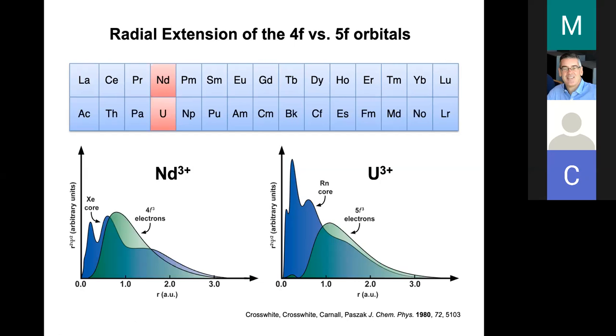Taking into account relativistic effects, you'll see the same thing. Remember, relativistic effects will actually tend to expand the f orbitals, so between non-relativistic and relativistic, you'd expect even further extension of the f electrons.